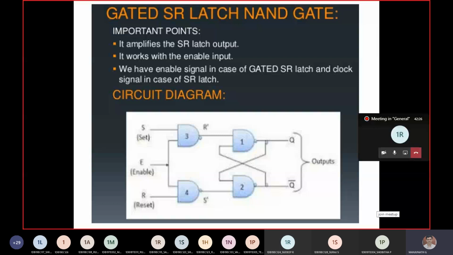Yes, sir. You can see the last statement here: enable signal in the case of gated SR latch and clock signal in the case of normal SR latch. You can use a clock signal also for a normal one. If it is a gated SR latch, by default you have to go with your enable pin.